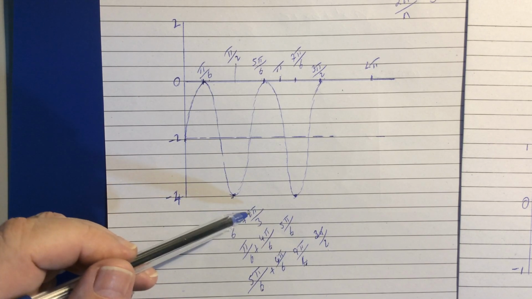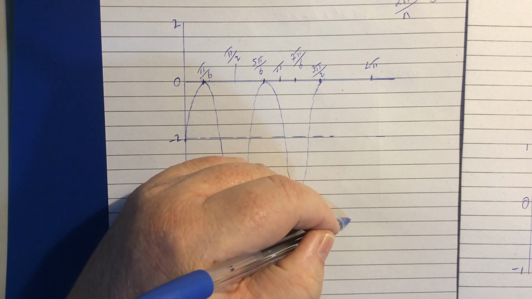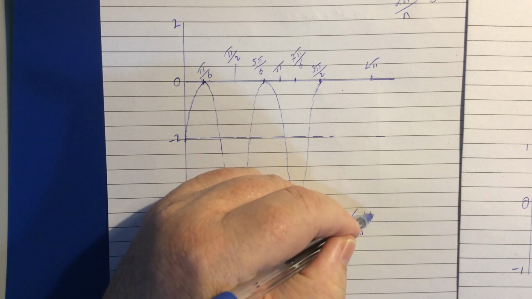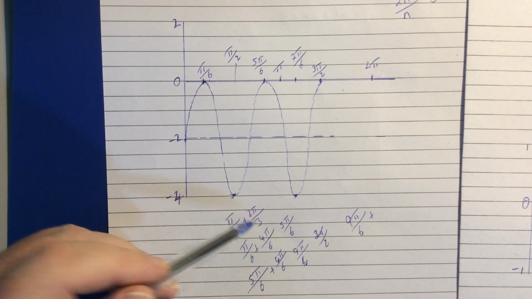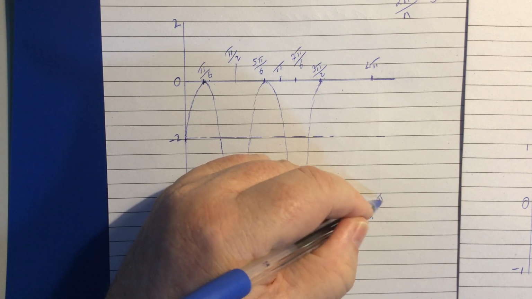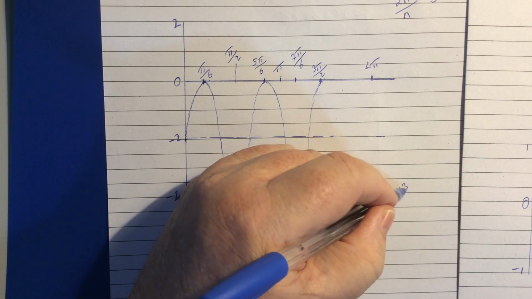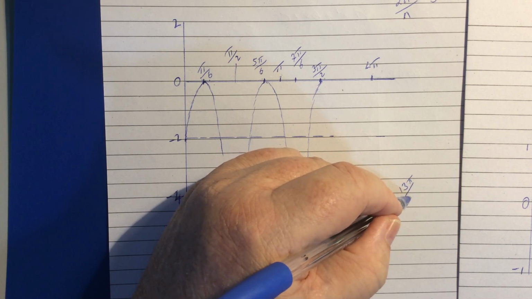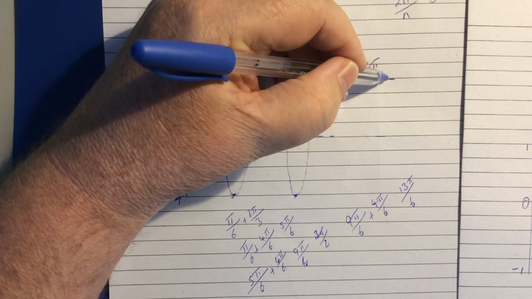Now what I need to do is I need to take this value and I need to add 2 pi on 3 to it. So this was 9 pi on 6, and I'm going to add the equivalent of 3 pi on 2 to it, which is 4 pi on 6. 9 and 4 is 13 pi on 6. Now, that's actually out here somewhere.